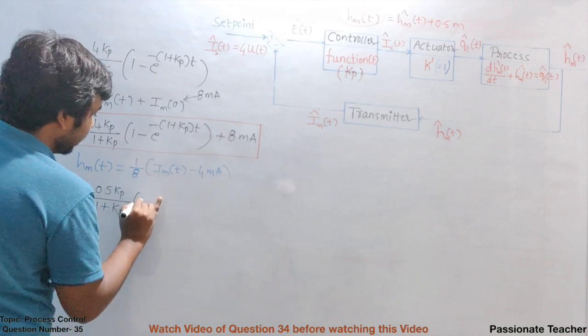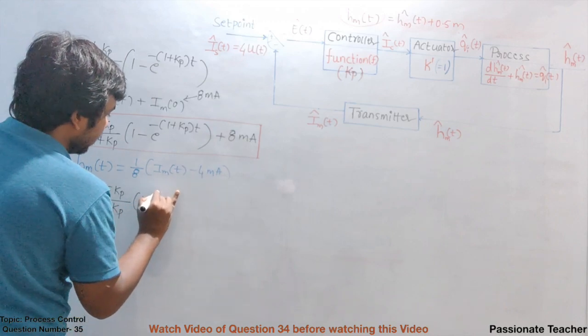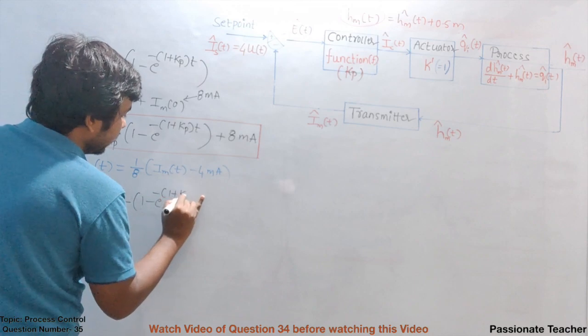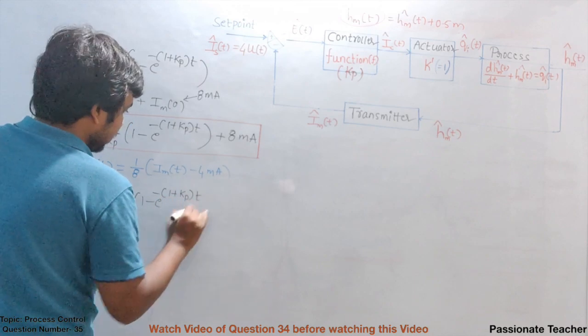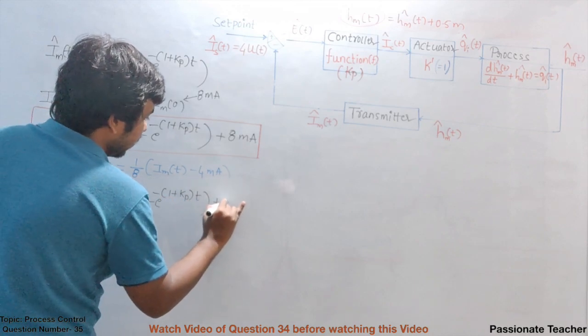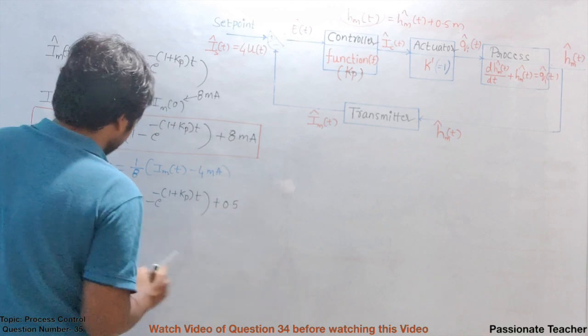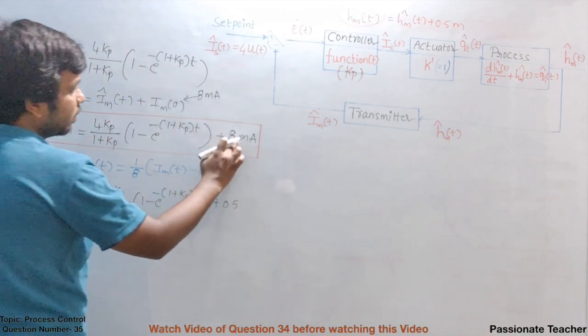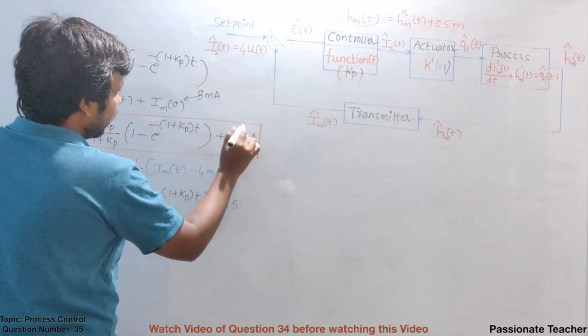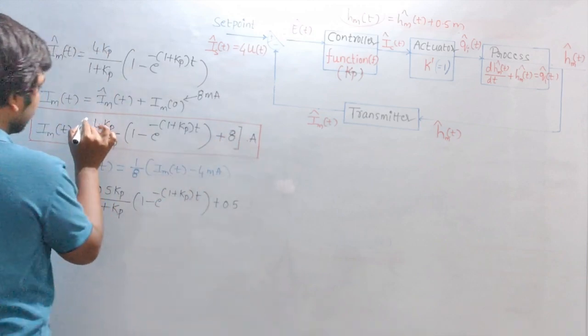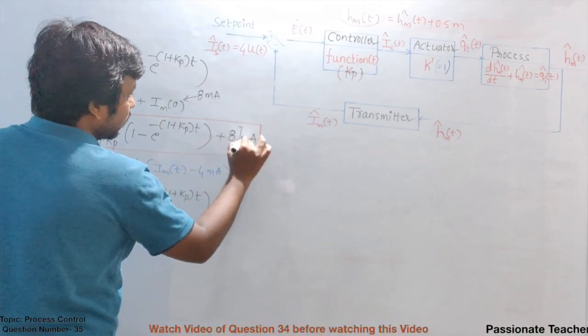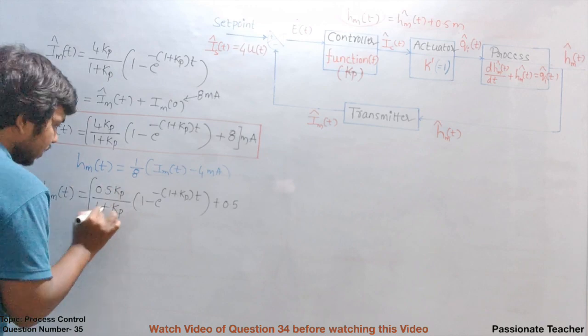So it is going to become like this: 1 minus e power minus 1 plus kp into t whole, plus 0.5 meter. Clear? This should be in meters and this should be in milliampere altogether. This is going to be in milliampere and this should actually be in meter.